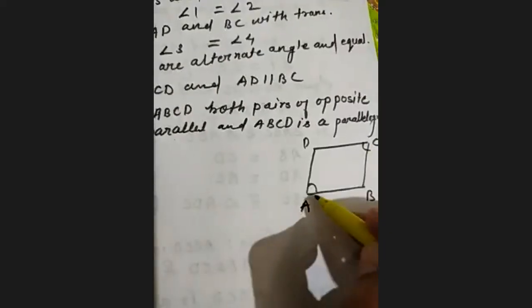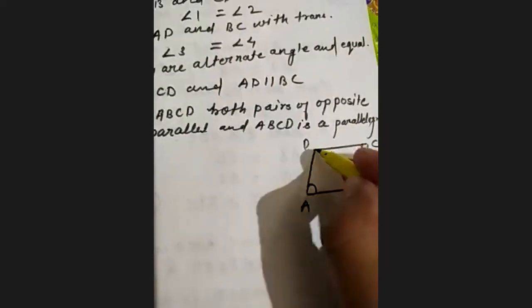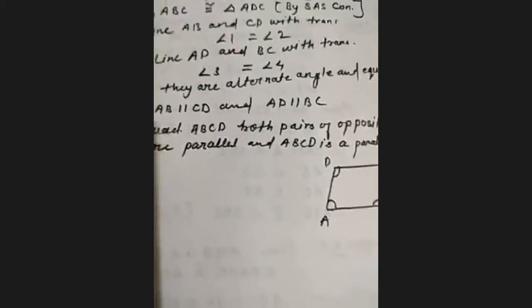ठीक है, चलो इसको. So first you draw the quadrilateral shape. ठीक है, quadrilateral shape हमने एक ड्रॉ कर लिया. ठीक है, and here the question is, if opposite angles, suppose A, B, C and D, that means angle A is equal to angle C and angle B is equal to angle D. ठीक है, angle A and C are equal and angle B and D are equal. ये already दिया हुआ है.